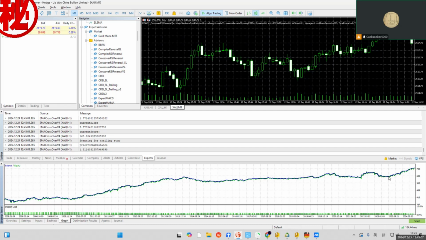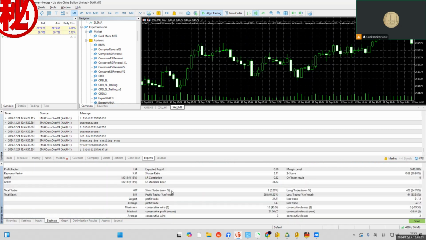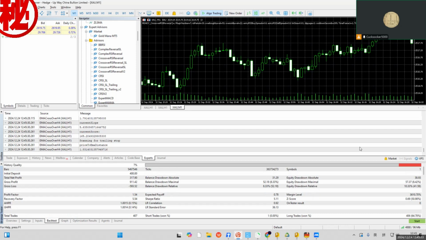From 2023, the price starts to shoot straight up. So maybe it's due to the low history quality that caused the lame performance of this EA. I don't know, so now you guys tell me. And that is about the EA.